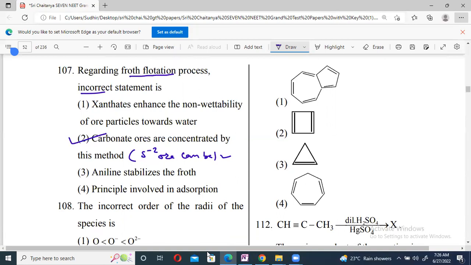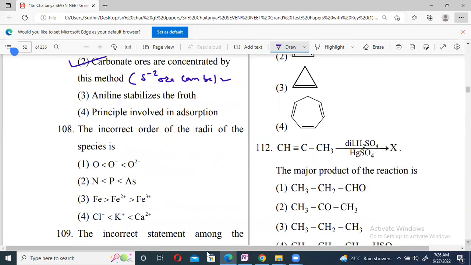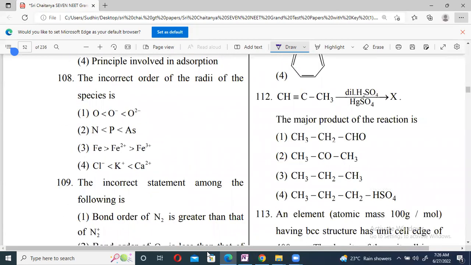Remaining all are correct statements. Xanthate, aniline stabilizers, principle involved is the adsorption, all are correct. But 108, incorrect order of radii. According to the rule, the negative charge will be larger in size than the neutral, and neutral will be larger in size than the cation. It is the order. And here cation is having larger size, so it is the incorrect order.